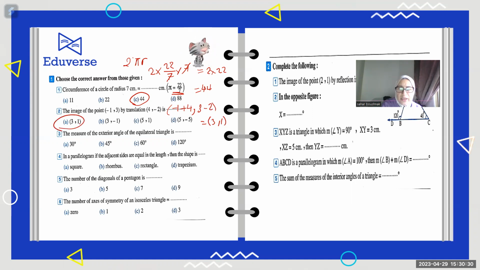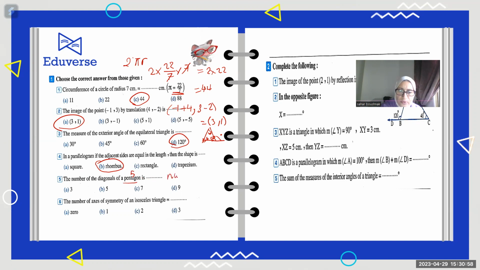The measure of the exterior angle of the equilateral triangle. Equilateral triangle, we know that all the angles are 60. So the exterior angle here equals 60 plus 60, so 120 degrees. The parallelogram, if the two adjacent sides are equal in length, then it will be, remember, this is the definition, a rhombus. The number of diagonals in the pentagon, which has 5 sides.